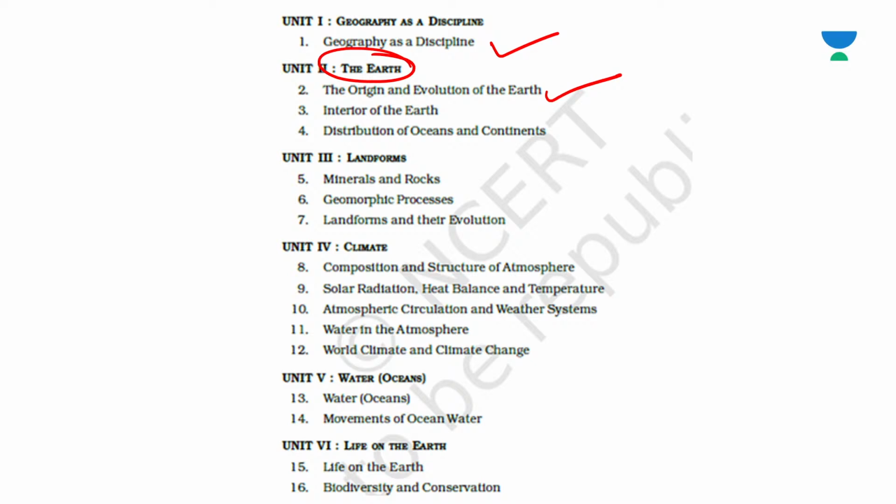Then we have discussed Paleozoic era, Mesozoic era, and Cenozoic era. Now, moving to the next part, origin of life we have also covered. Now, let's start with today's topic, the interior of the Earth.